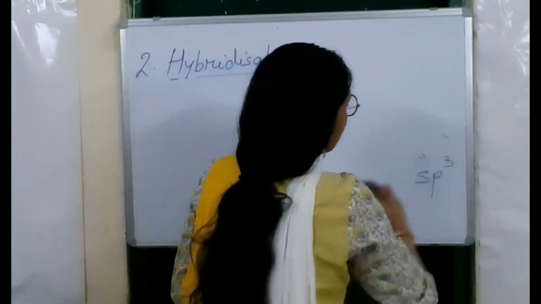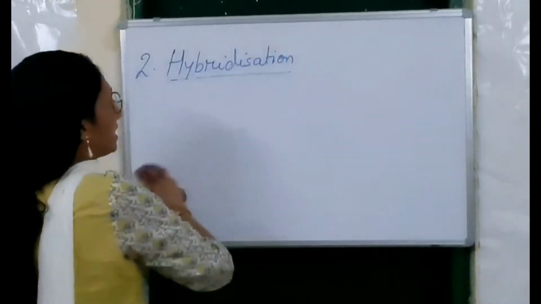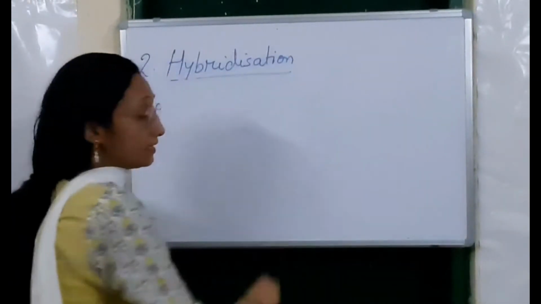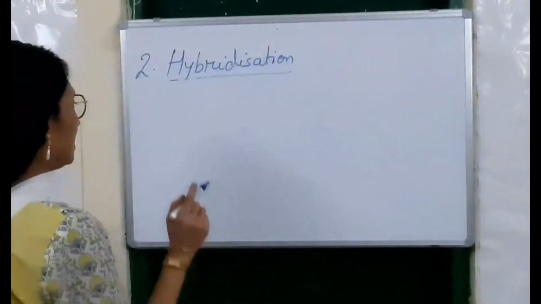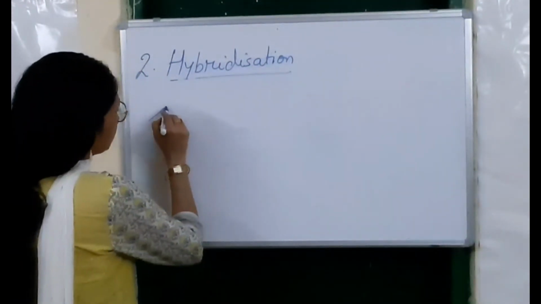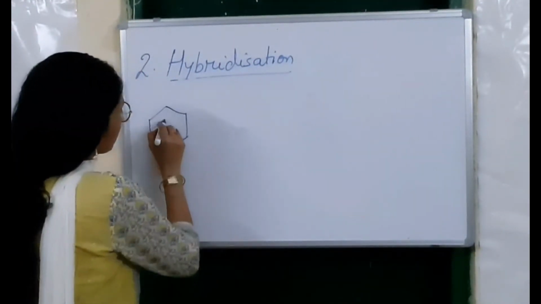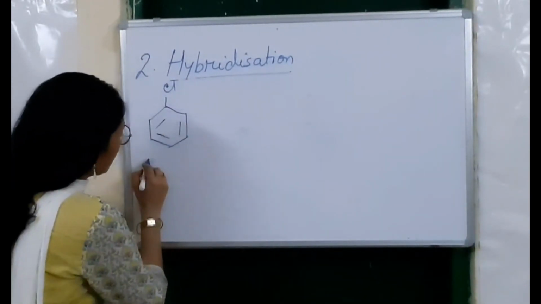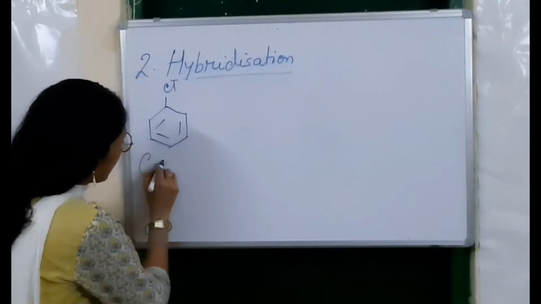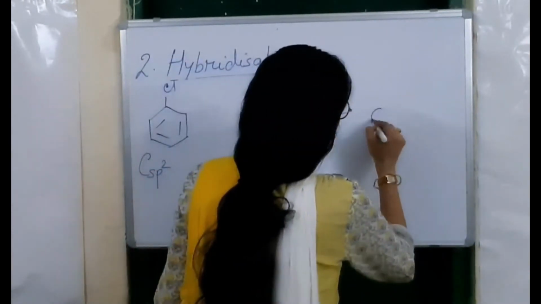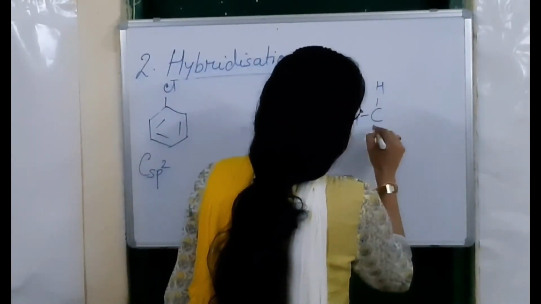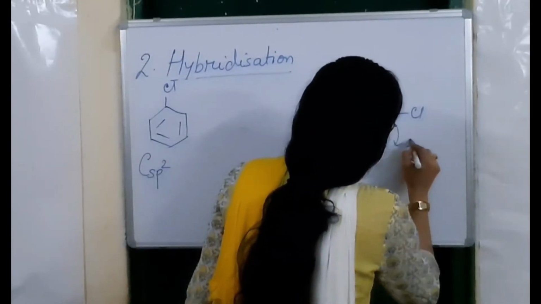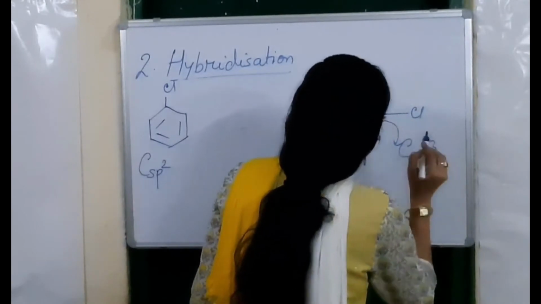Now let us see how this state of hybridization is bringing a change in the rate of nucleophilic substitution reaction. So here carbon is sp2 and here the carbon is sp3.